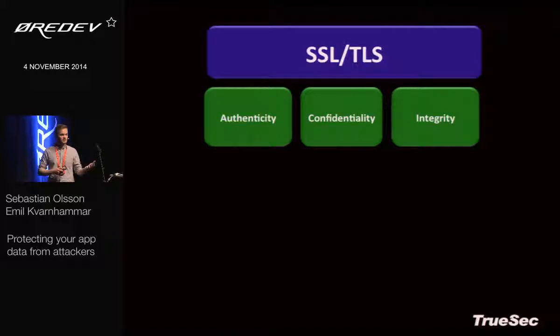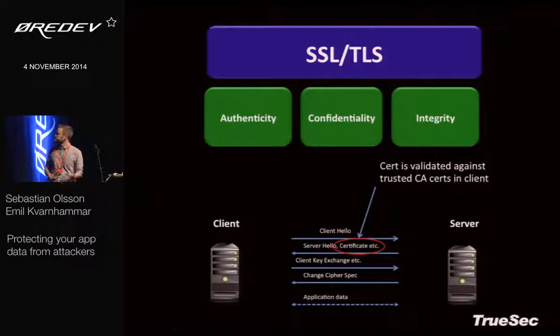Take your normal use case if you're using an internet bank and you're transferring 100 crowns to someone. Is it more important to you knowing that you're transferring 100 crowns to the right person, or that no one is seeing the information, the fact that you are sending 100 crowns? Most likely it's more important that you're talking to the right server. And in most cases this is the most important. But not in all cases, because in a lot of cases confidentiality is most important. But you need them all.